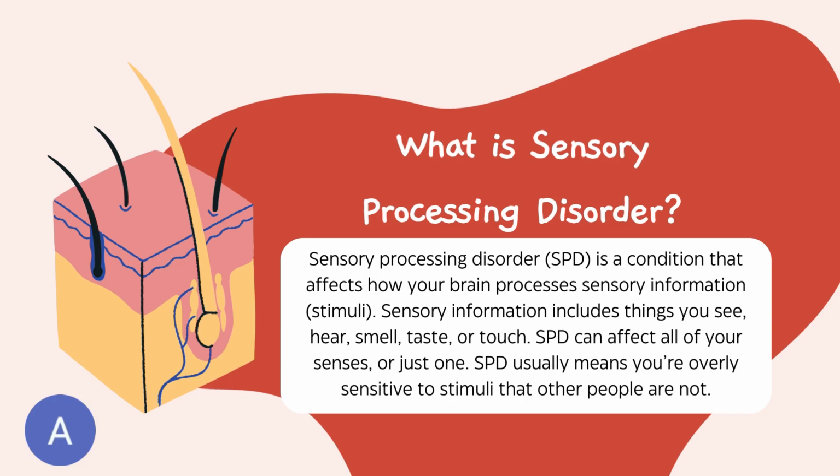Individuals with SPD may be oversensitive or undersensitive to sensory input, leading to challenges in daily activities and interactions. It's often associated with other developmental disorders, but it can also occur on its own. The treatment approaches may include sensory integration therapy and other interventions aimed to help individuals better process and respond to sensory stimuli.